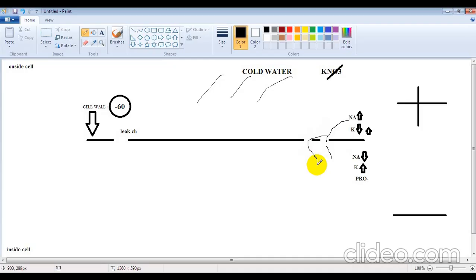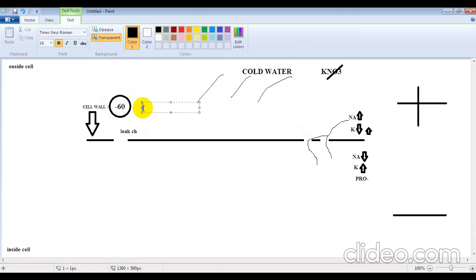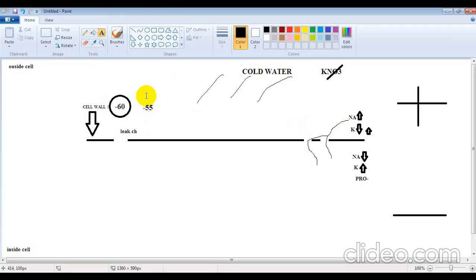Okay, and when the sodium enters the cells through this mechanical channel, the cell wall charge rises to -55, the same as before. What is the difference now?